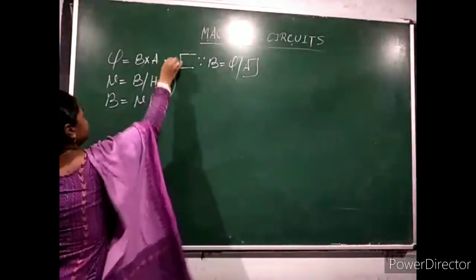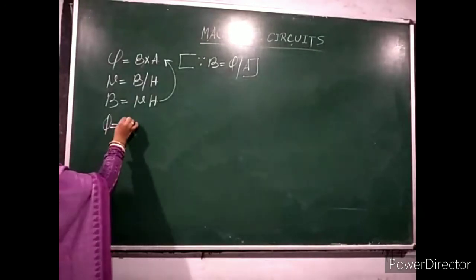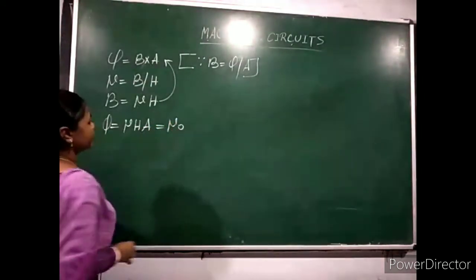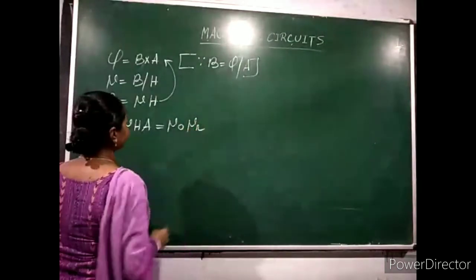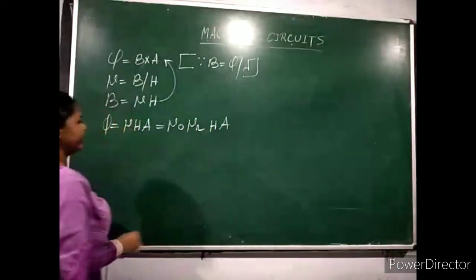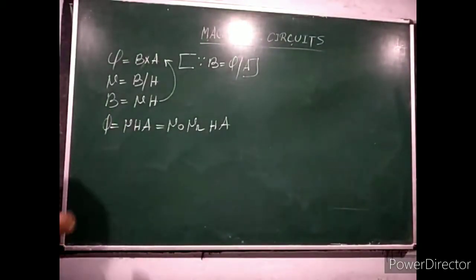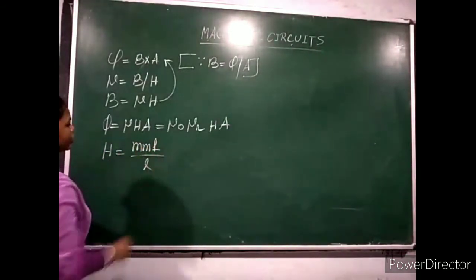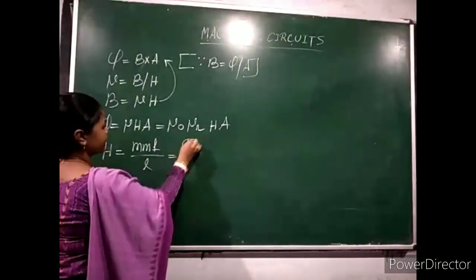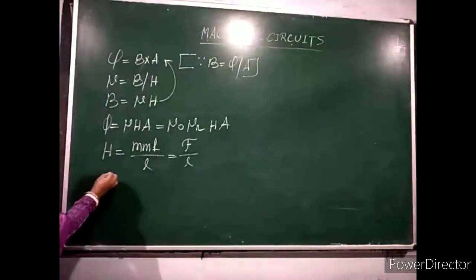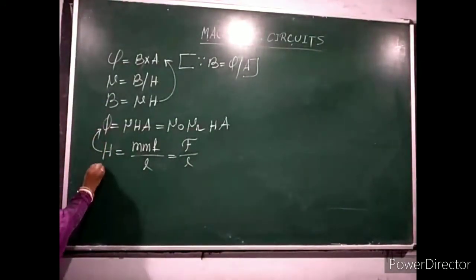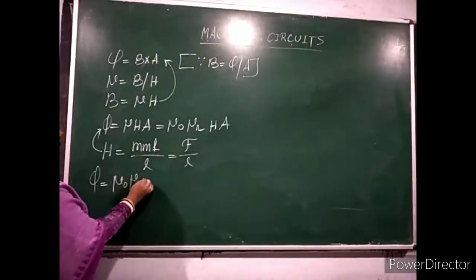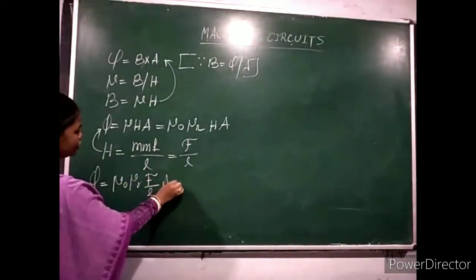If you put this relation in the equation, you get flux equals mu H into A, or mu 0 mu r H into A. H is the intensity of the magnetic material, which is mmf by length, mmf represented as F by L. Putting this in the equation, flux is equal to mu 0 mu r F by L into A.